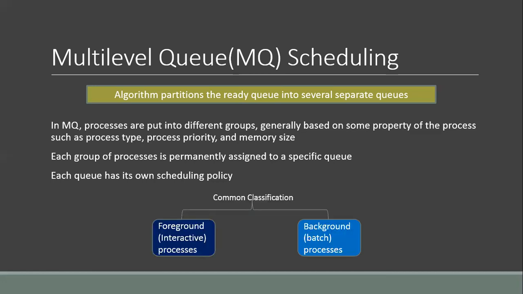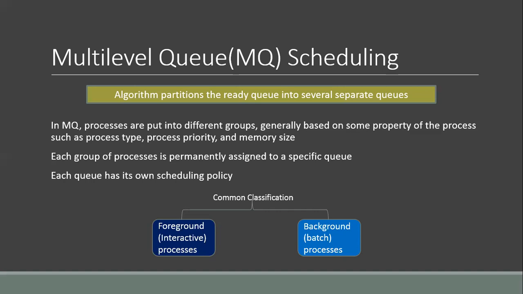One common classification is to divide the processes into foreground processes and background processes. Foreground processes, also known as interactive processes, are those processes which require user interaction.